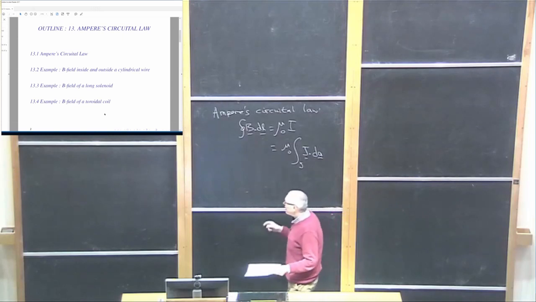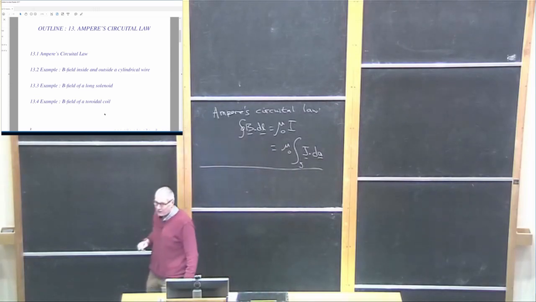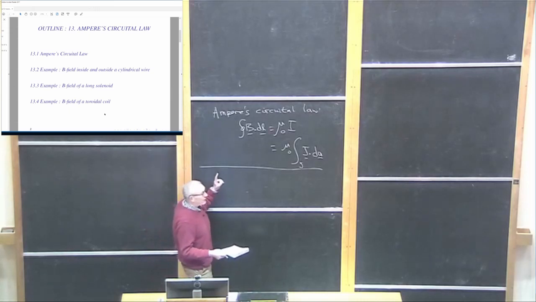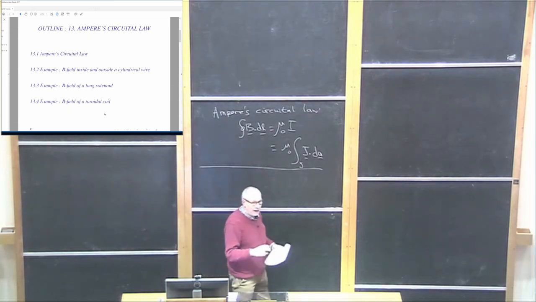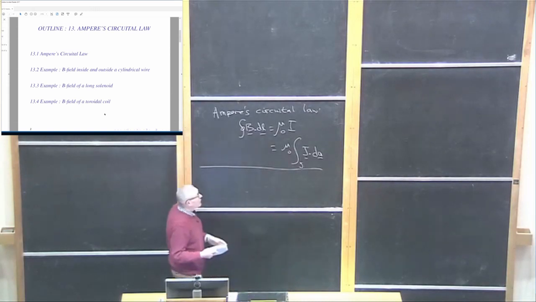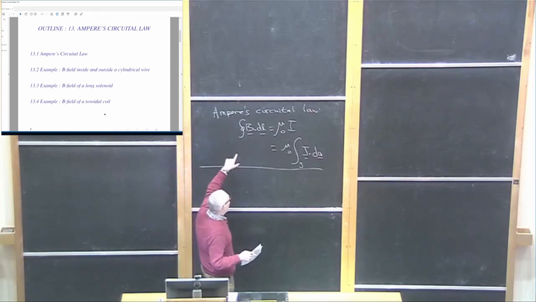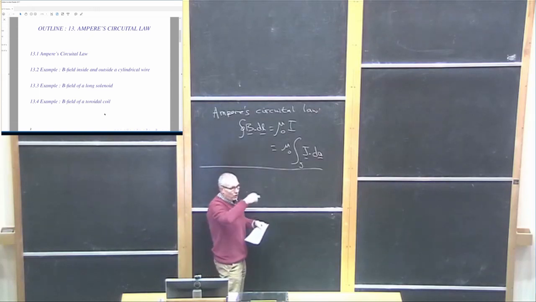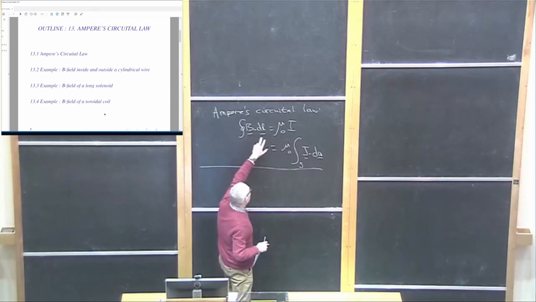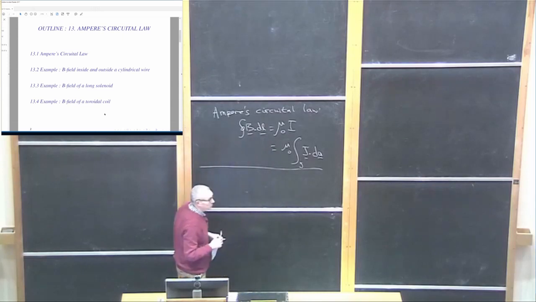So, just to recap, this is Ampere's law, which states that if you have a current I in a circuit or in space, a current density, then the integral around a closed loop is equal to the current enclosed in that loop times mu zero.